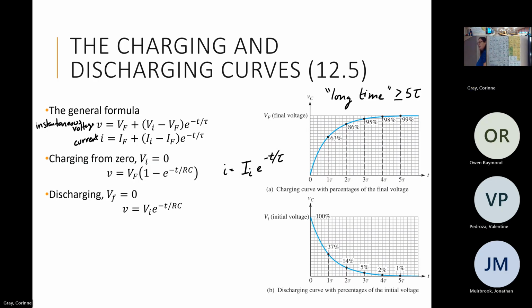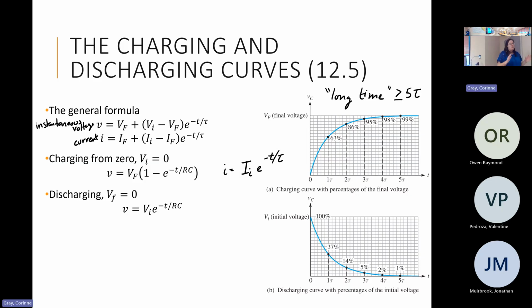What else? Negative t divided by tau from 1. Yeah, so we want to make sure that our values are coming out as positive. And so that's where we need that term.